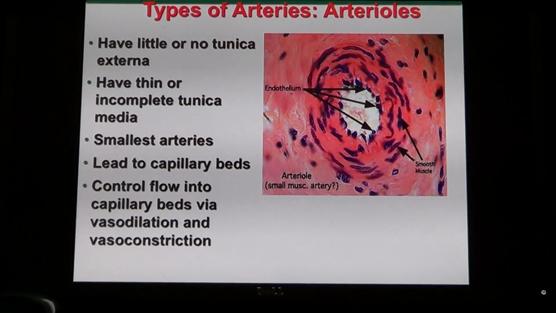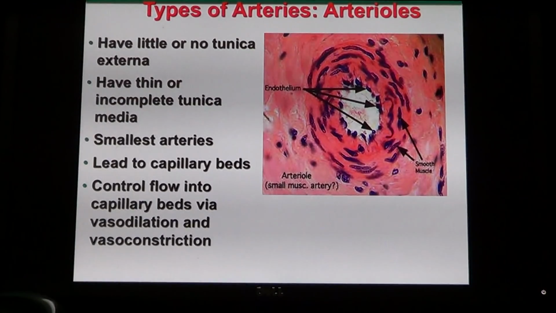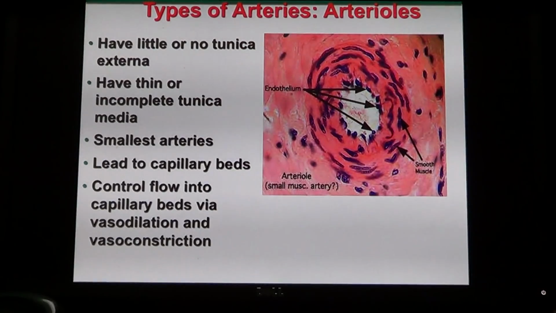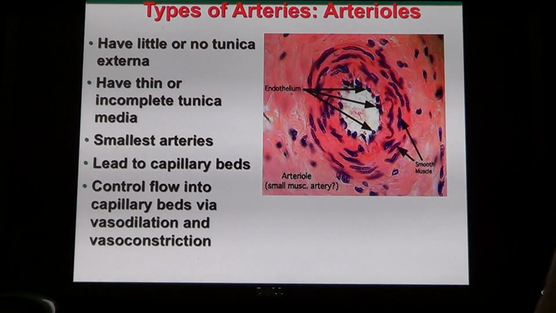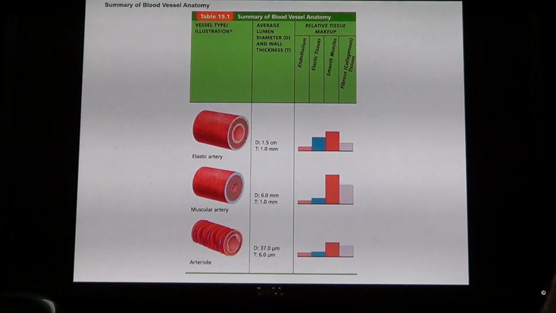They are small muscular arteries, but the muscle is mostly just one layer. It's mostly used for extension, stretching, and bouncing back, because they mostly work as sphincters, which we'll talk about.